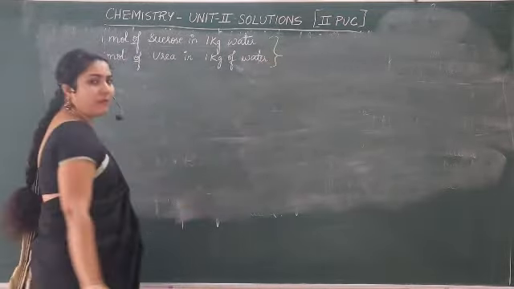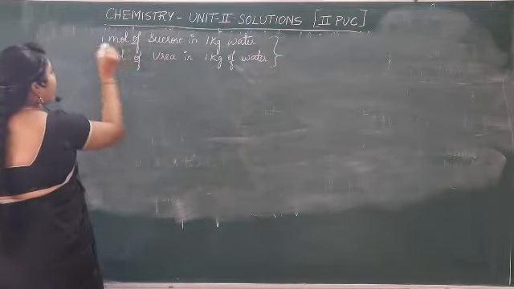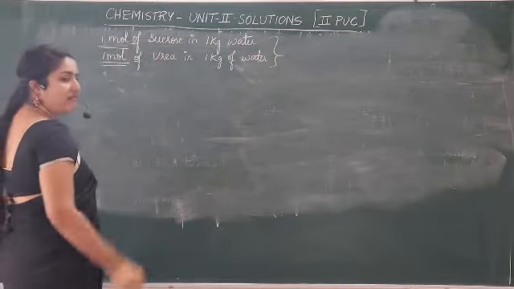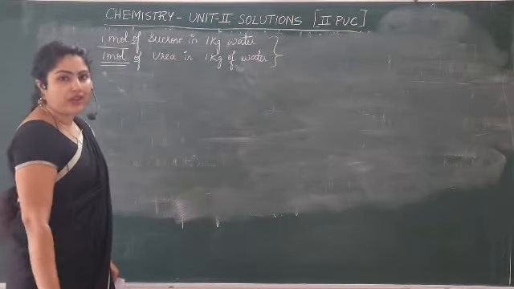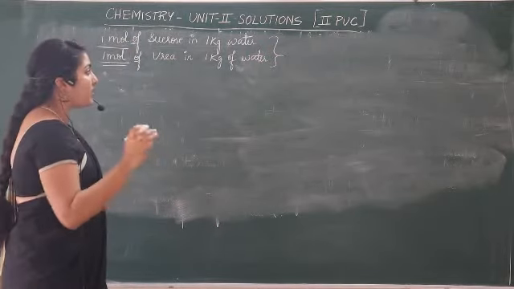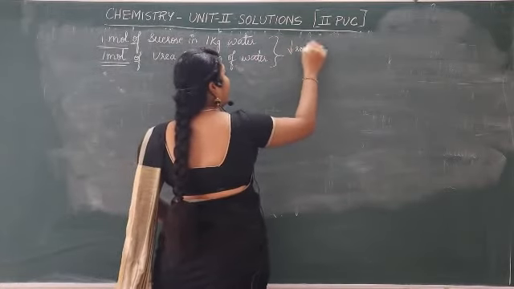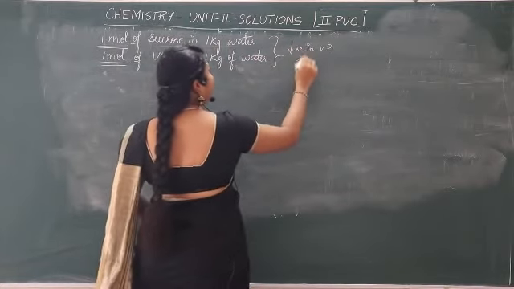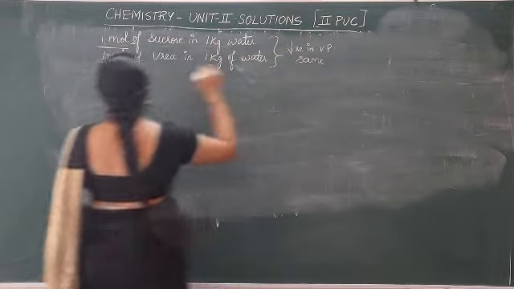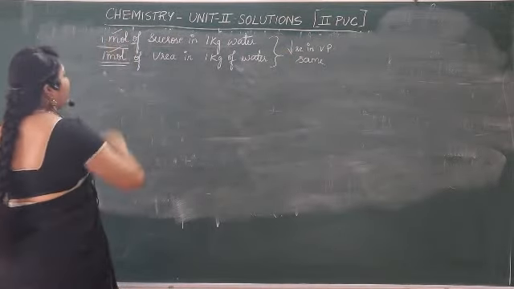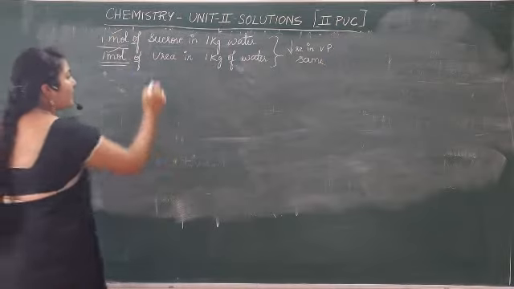Why will it be the same? The reason is the amount of solute you have taken. If the amount of solute is the same, the decrease in vapor pressure will be the same, because the amount of solute taken is the same, irrespective of its nature.